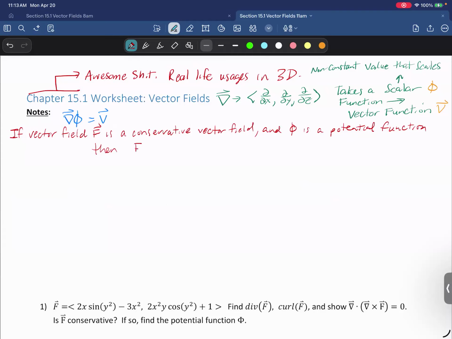Then F is, this should be the other way around. I'm going to make it the other way around. Let's do this.